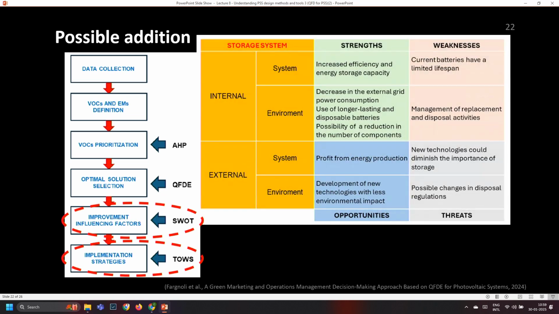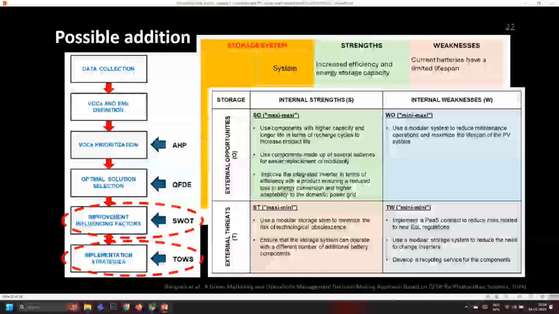And as you know, with the SWOT analysis, the outcome of QFDE can be easily integrated into the SWOT analysis. And in this case, they even applied a similar analysis called TOWS.